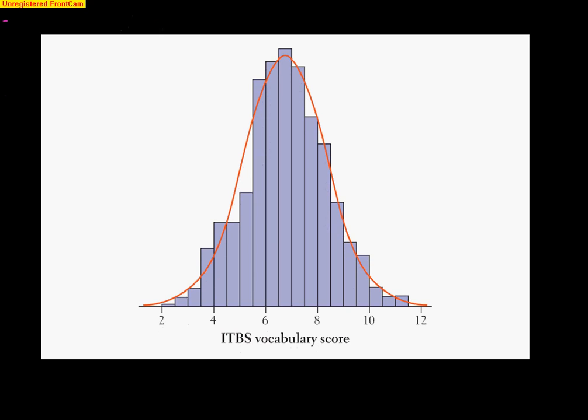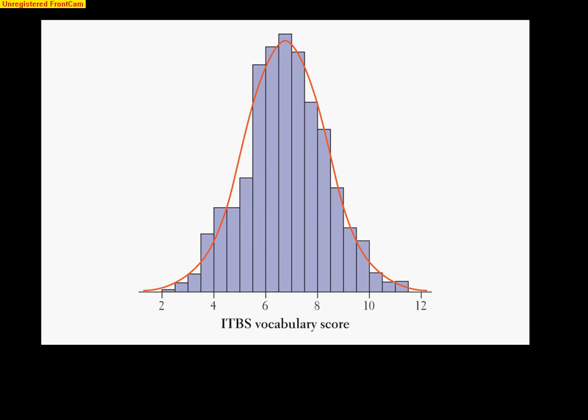Here's an example of scores on the Iowa test of basic knowledge. You may have actually taken the Iowa test back when you were in 4th grade or 7th grade, or I don't even know what grade they take it. But this data came from a group of 947 students. You take this Iowa test, which gives you a vocabulary score.